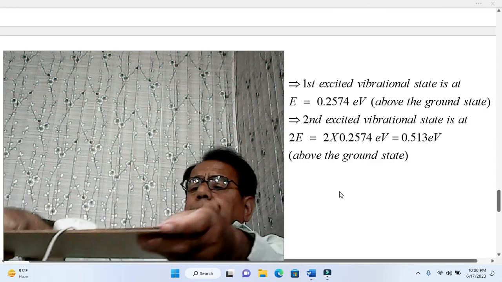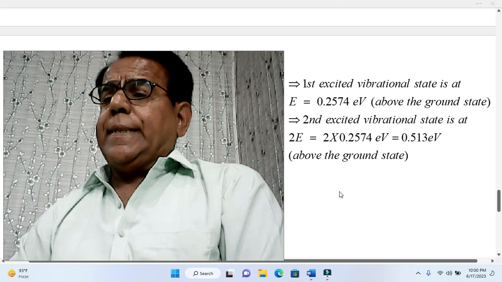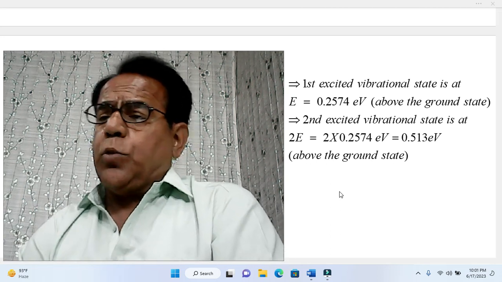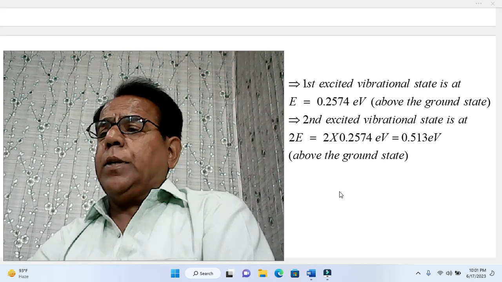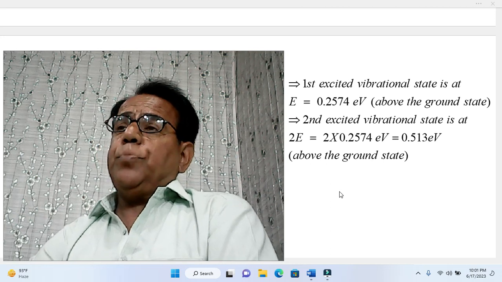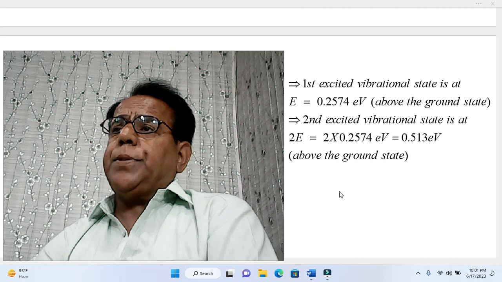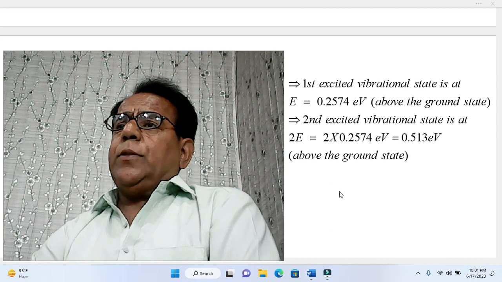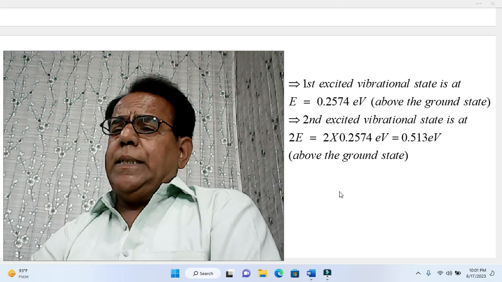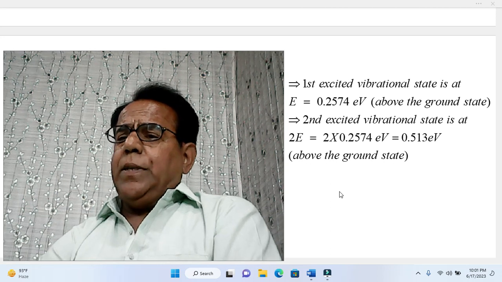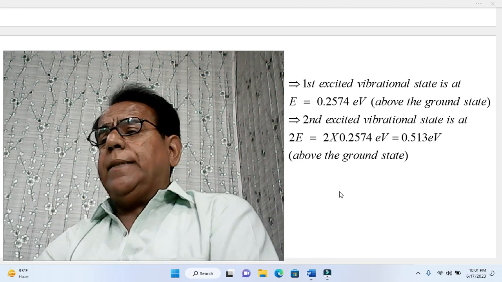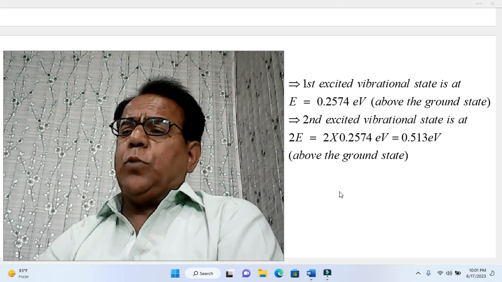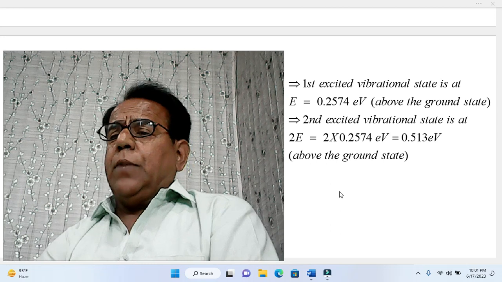Then this implies that the first excited vibrational state is at E equal to 0.2574 electron volt above the ground state, because in the problem statement we are asked to describe the excited state above the ground state.